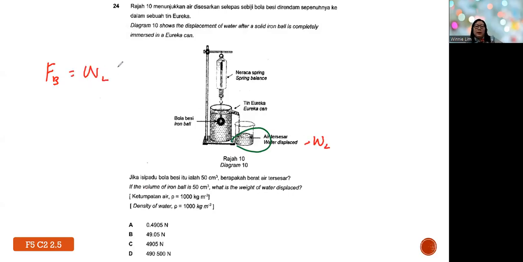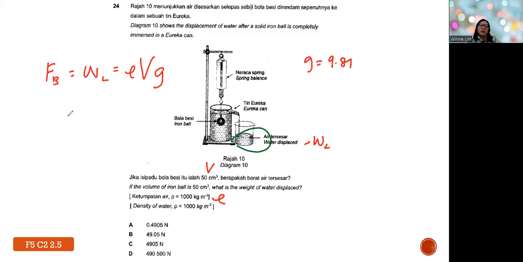And the formula is actually rho Vg, where rho refers to the density of the fluid, V is the volume of object submerged, or the volume of water displaced, same thing, and g is the acceleration due to gravity. So do they give you the density? Yes. Do they give you the volume? Correct. g is standard, always 9.81.